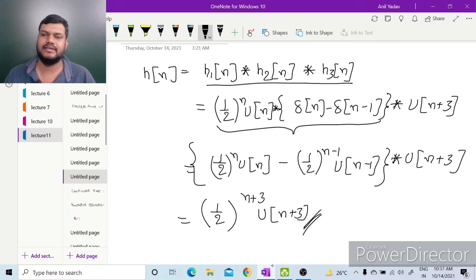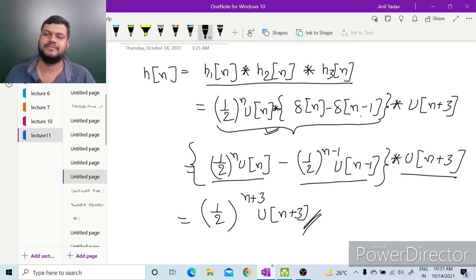Here h1[n] is (1/2)^n u[n], h2[n] is delta[n minus 1], and h3[n] is u[n plus 3]. Since x[n] convolved with delta[n] is x[n], and x[n] convolved with delta[n minus 1] will be x[n minus 1], this gives (1/2)^(n minus 1) u[n minus 1] convolved with u[n plus 3].